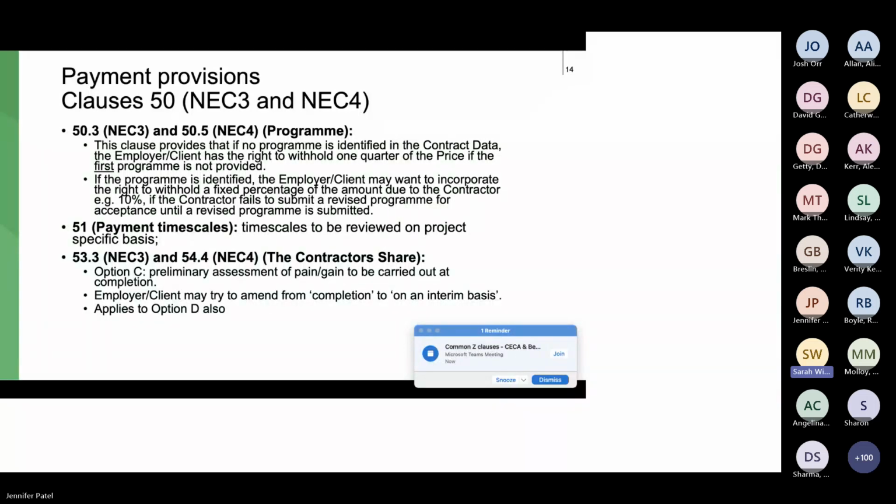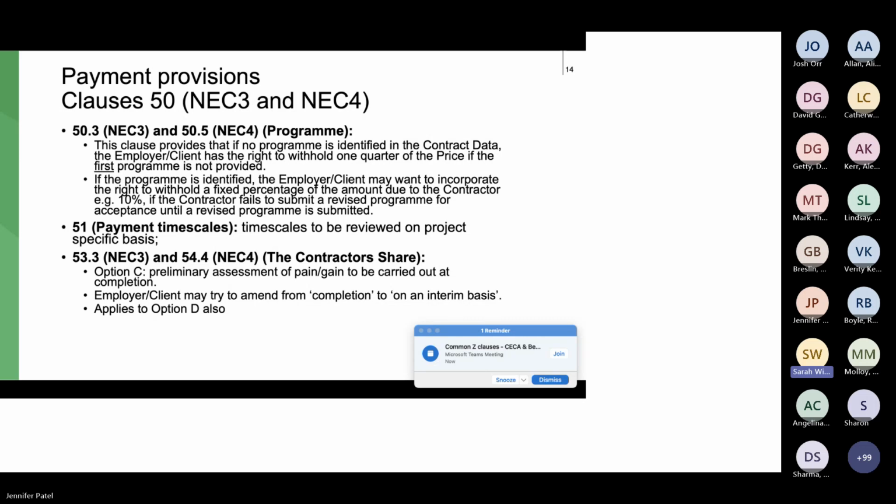That means that the project manager can just reject the programme continually throughout the project, and the contractor then faces a 25% deduction on every certified payment. So the only way to remedy that would be to start an adjudication and get a determination as to whether the project manager has properly rejected that programme or not. But that's not what NEC intends.